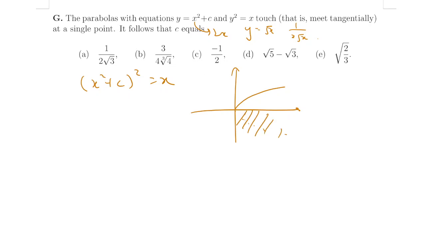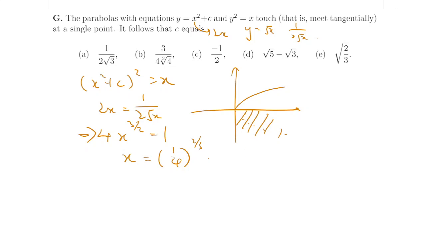Good. Okay, so the next equation will be 2x equals 1 over 2 root x. Great. Because the second equation does not have a c dependence, that's very handy. So 4x to the 3 halves equals 1, therefore x equals a quarter to the 2/3. Cool. Happy so far? So I just sub this into the first equation, and I find what c is.